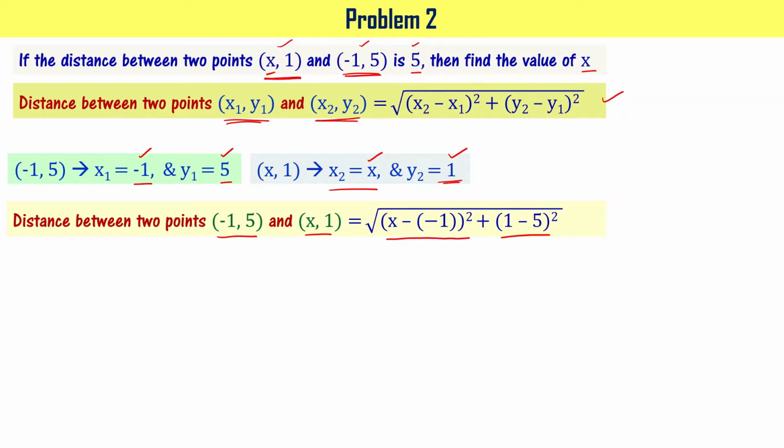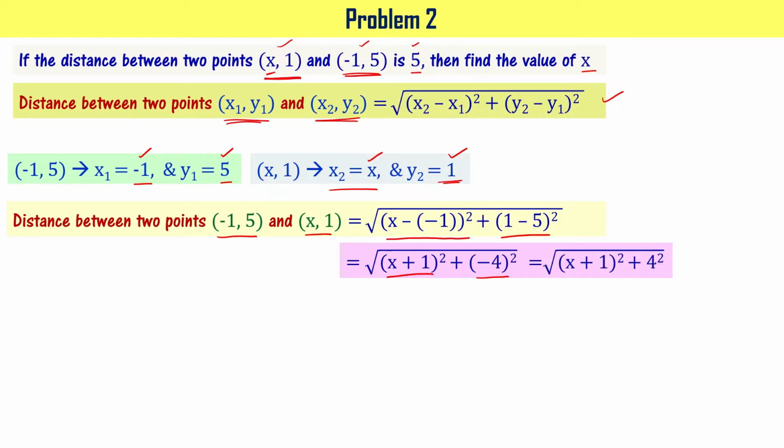When you simplify it, you can write it as square root of x plus 1 whole square plus minus 4 whole square. We know that minus 4 whole square equals 4 square. Let's write this expression now as square root of x plus 1 whole square plus 4 square.